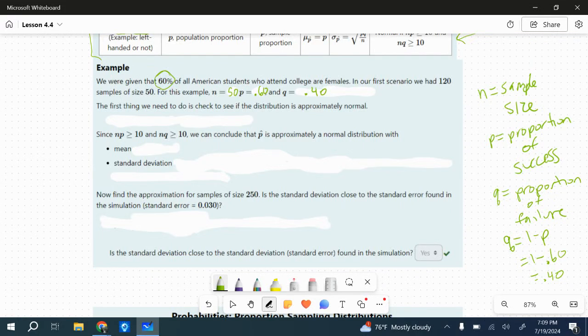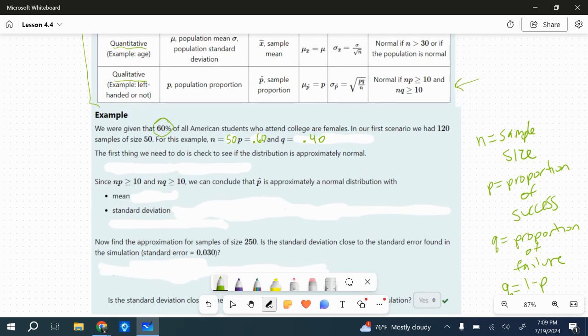The first thing we need to do is check to see if the distribution is normal. To check that, we use these little formulas up here. So n times p: n was 50, p was 0.60. What is 50 times 0.6? It is 30. Is 30 greater than or equal to 10?